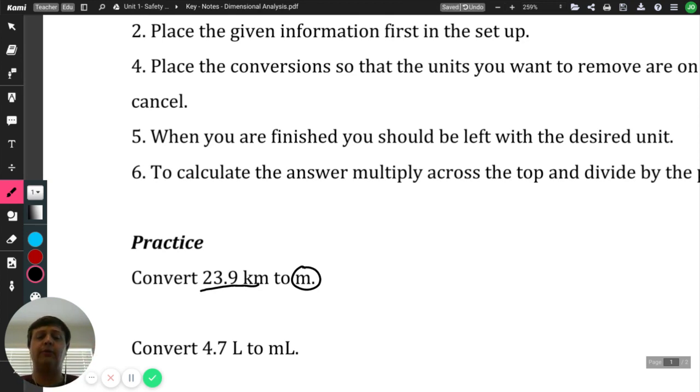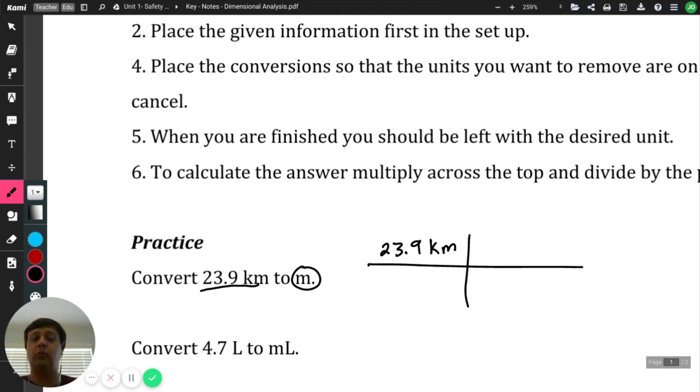So what do I do? Well, the first thing we did was look for our known. We know we have 23.9 kilometers. What you know is what you start with. So we start with what we know, 23.9 kilometers, and then we lay it out. It's called the railroad track method as well because you lay it out as one side of a railroad track.